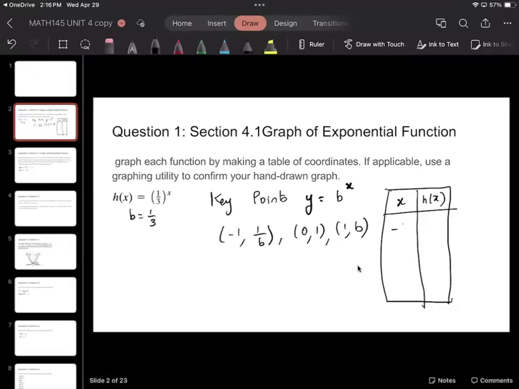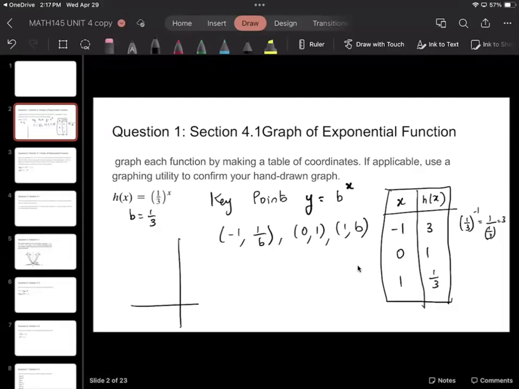So when x is -1, 1/3 to the power of -1 is 3. Okay. So 1/3 to the power of -1 is nothing but 1 over 1/3, which is 3. Then 0, 1, and then 1, 1/3.